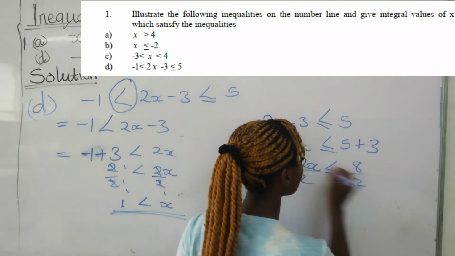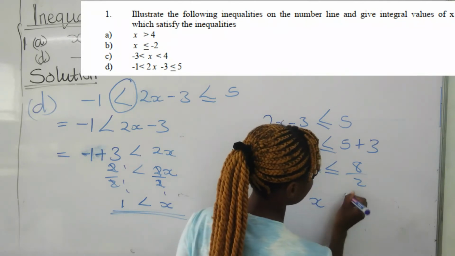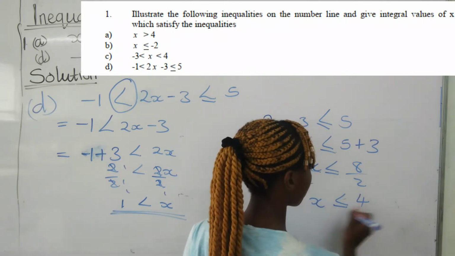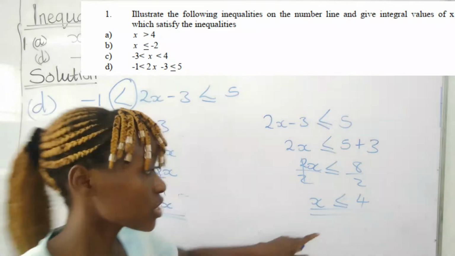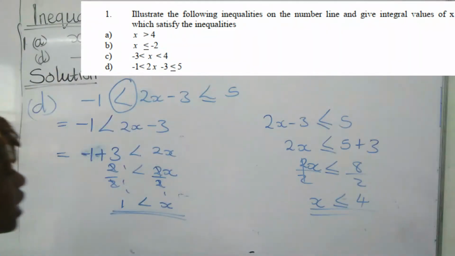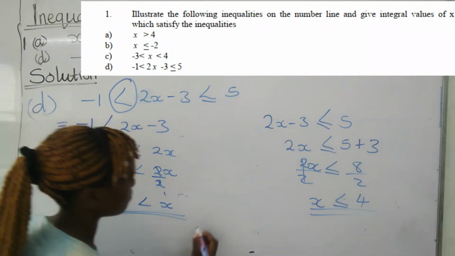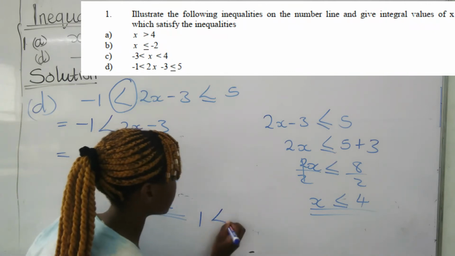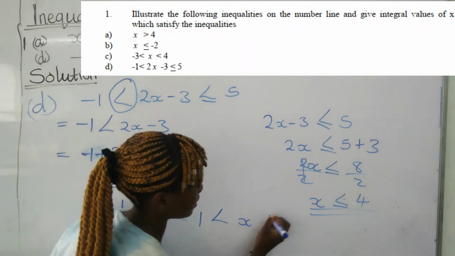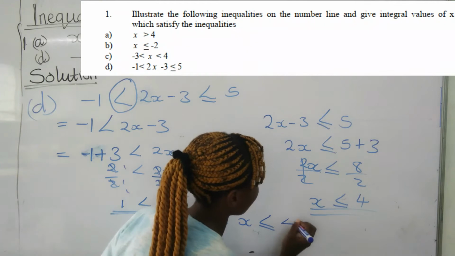We divide by 2, and x is less than or equal to 4. So this is what we get here. Now we join our sums, so it's going to be 1 less than x less than or equal to 4.